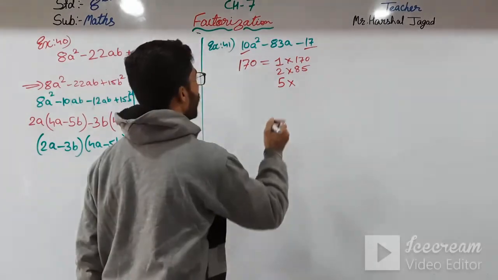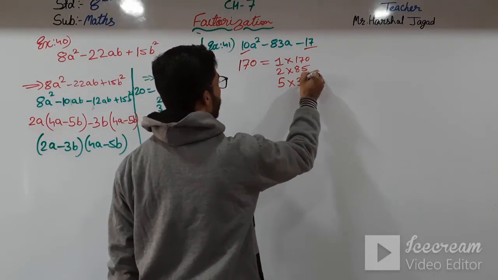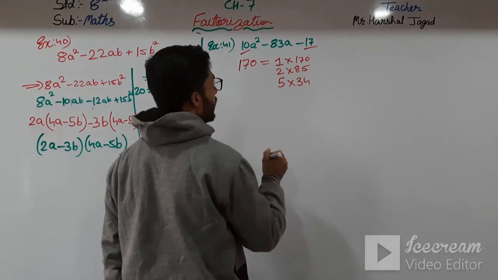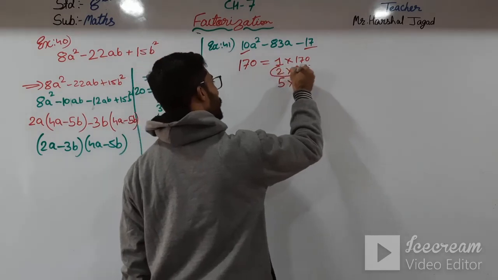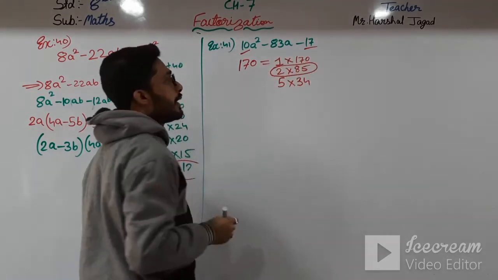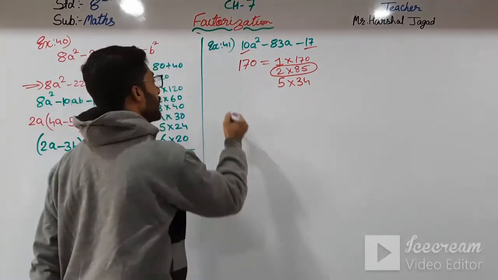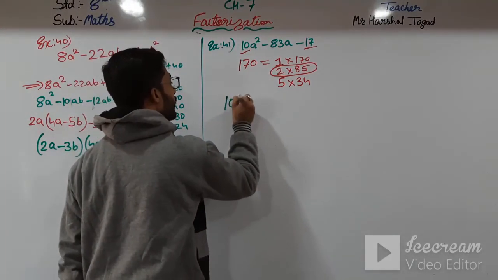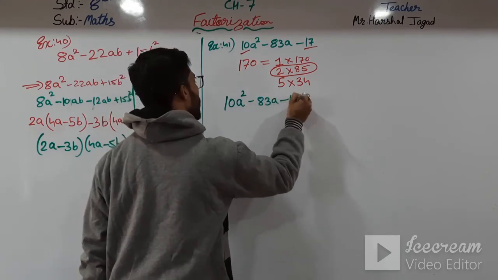Okay, students, I think this one will work: 85 and 85 into 2, that is 170. Let us see whether it works or not. So 10a square minus 83a minus 17.